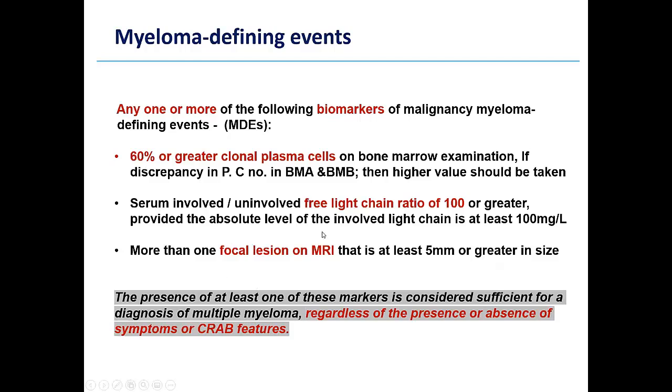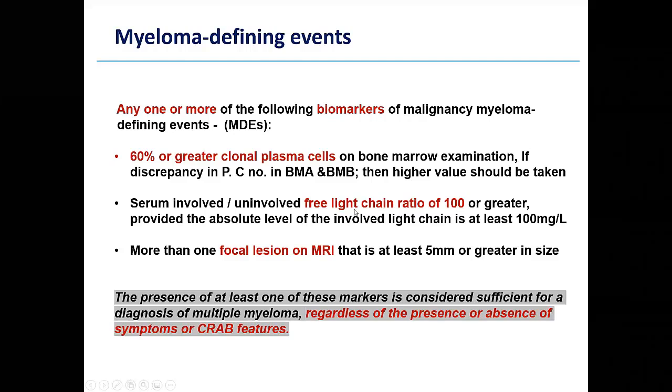Second is that this definition has also taken into account free light chain ratio, that is kappa is to lambda. Now serum involved upon uninvolved. Suppose we have a kappa light chain type of myeloma, that is an IgG type of myeloma in which the clonality is kappa.